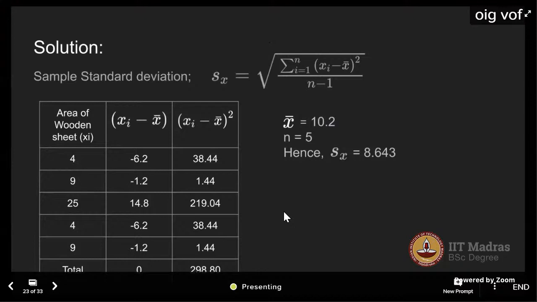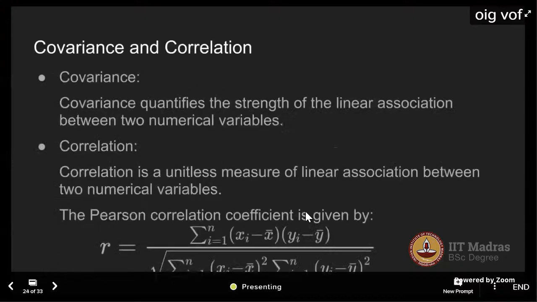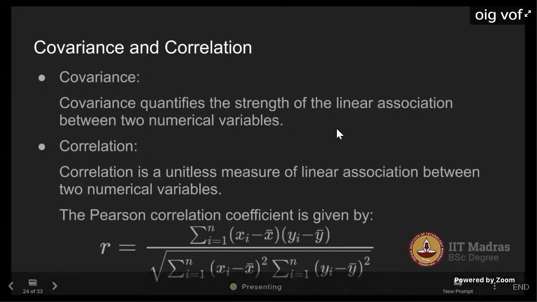Okay, let's move to the next, the covariance and correlation part. Both are used to find the strength of linear association, how strongly they are linearly related to each other. But one problem with covariance is it has units. You may find one in kilometer liter, and another in meter square units, so you can't compare these two.